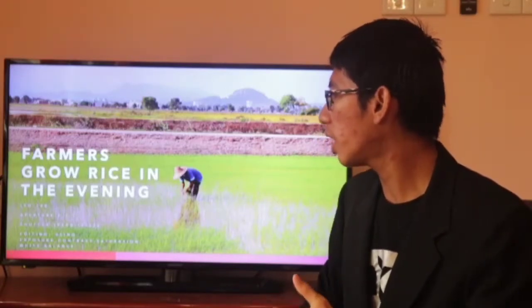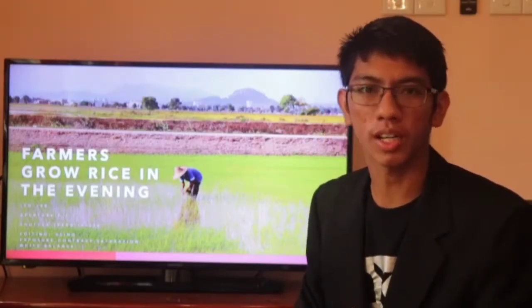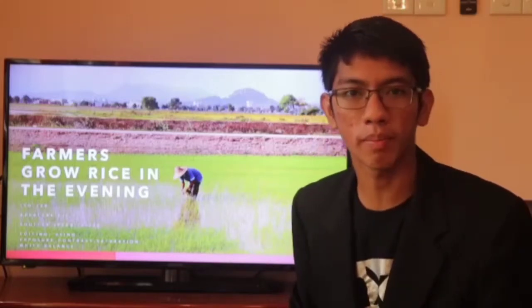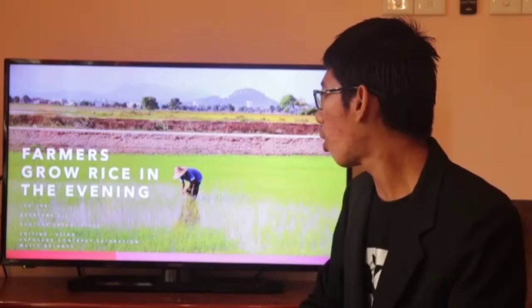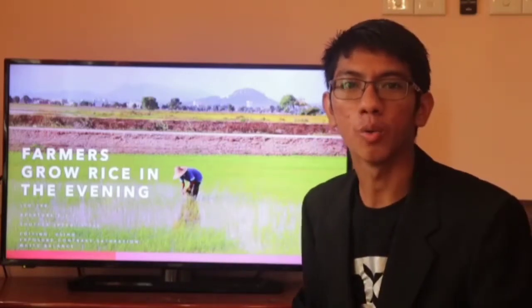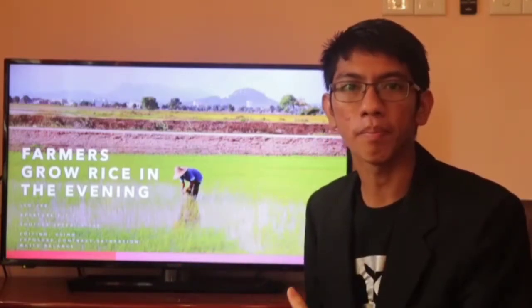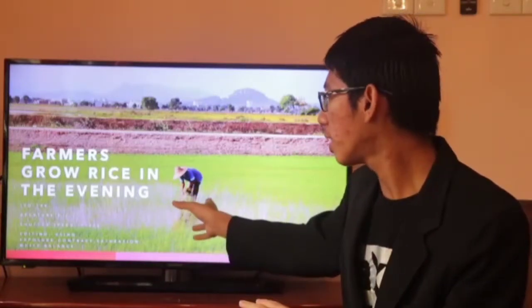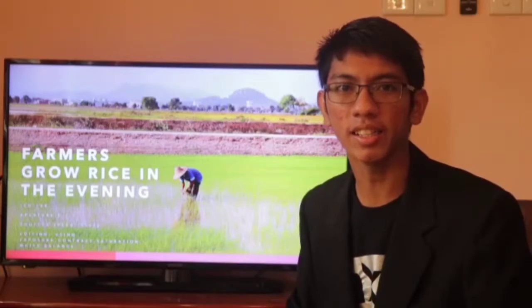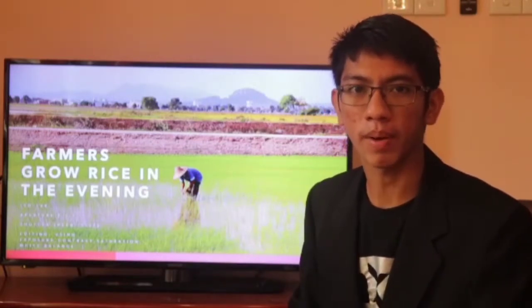Editing using the exposure, contrast, saturation and also white balance. The concept that I made for this picture is about the traditional way of paddy planting. We see that the man is using his hand to plant the paddy plants.